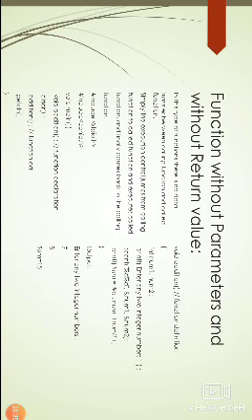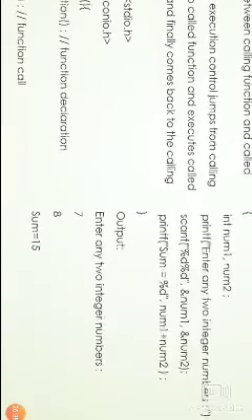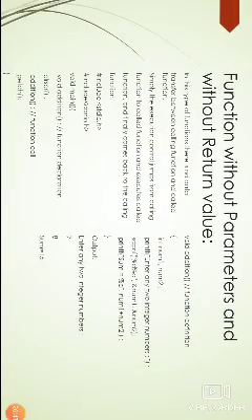So now the sum equal to 15 will be displayed on the output screen. This is the output of the screen. So in this program, it is a function without parameters, so there are no parameters and there are no return values.